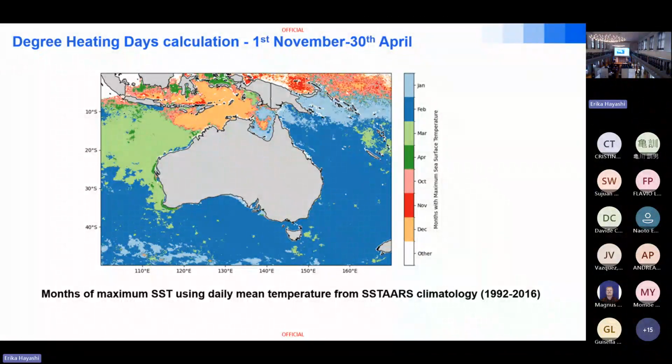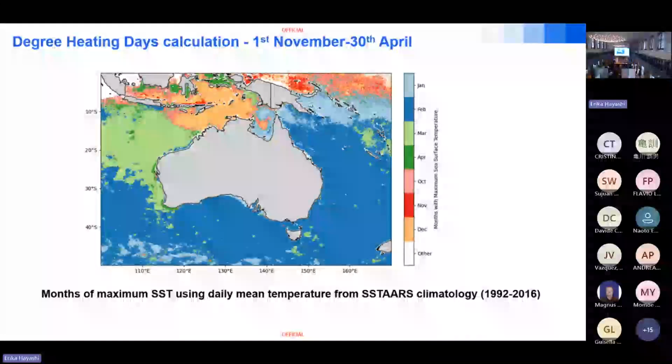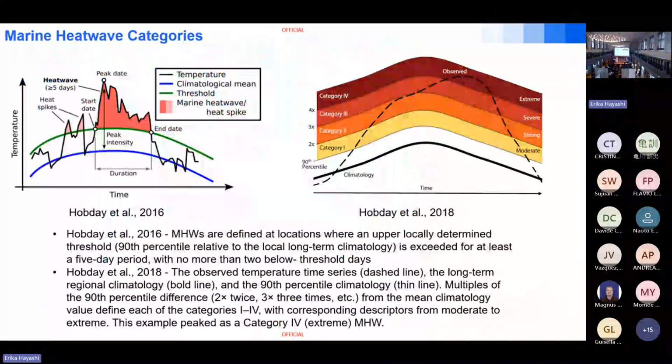And from this, we are using 1st of November to 30th of April period to accumulate those positive anomalies for the Australian coast. With the RIP to our old system, we used 1st of December to 30th of March, but that was only for GBR. So now we are extending for all Australian coast, so we are changing that period from 1st November to 30th of April.